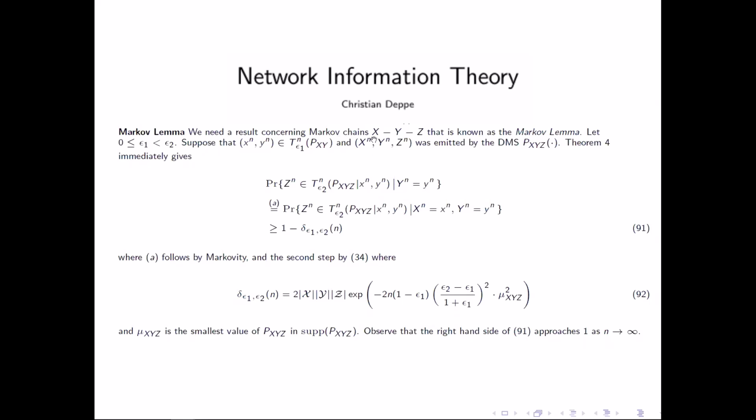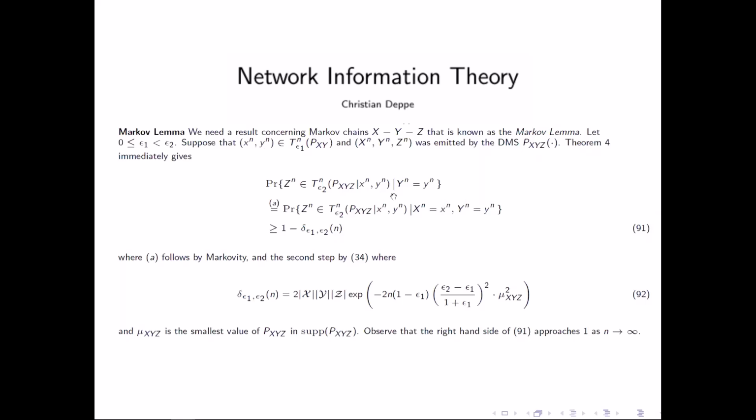So we assume that X, Y, and Z form a Markov chain. And then we suppose that X^n and Y^n are jointly typical, and that X^n, Y^n, and Z^n were emitted by the discrete memoryless source P_XYZ.